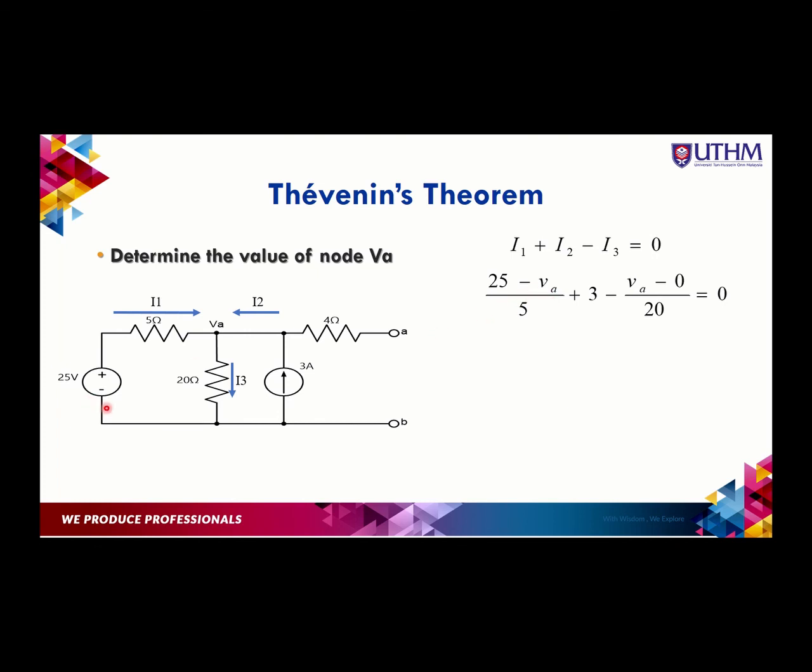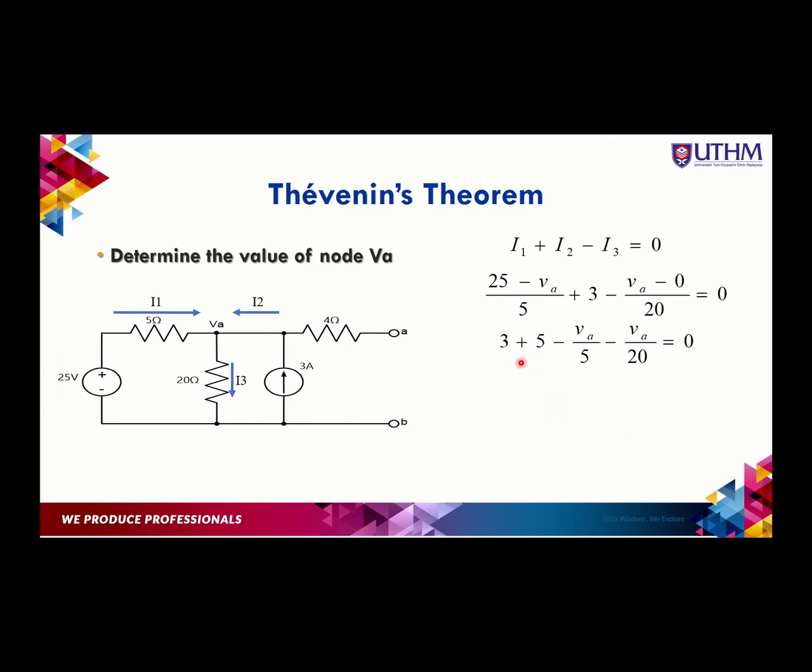(25 minus VA) divided by 5 ohms for I1, plus I2, which is a total of 3 ampere here so we don't have to calculate anything, and then minus (VA minus 0) divided by 20 ohms, equal to 0.